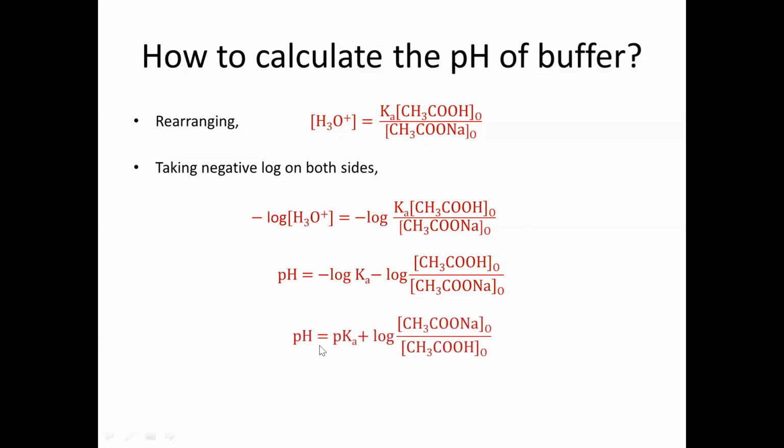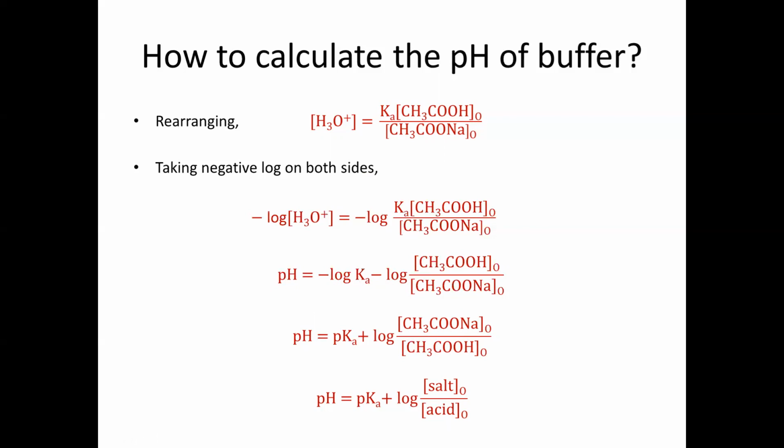So our equation becomes pH equals pKa plus log of salt upon acid. See, I have changed the sign of minus log here to plus log and reversed the numerator and denominator in the ratio. So the equation for calculating the pH of a buffer is pH equals pKa plus log of concentration of salt upon concentration of acid.